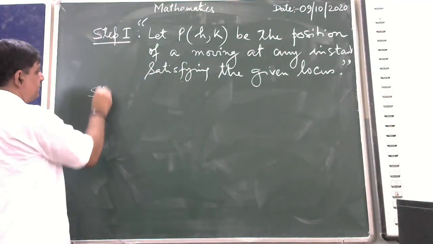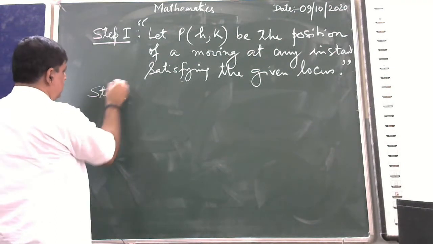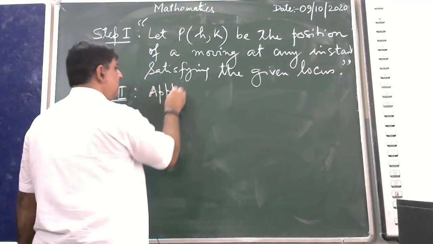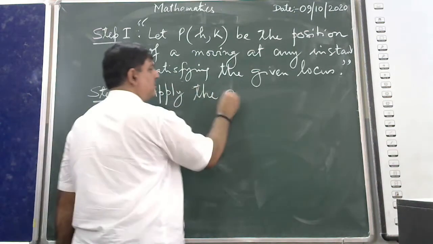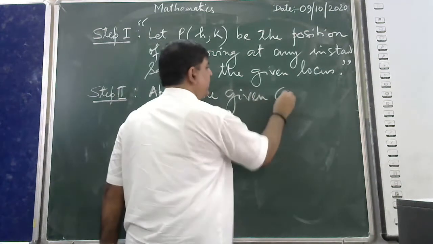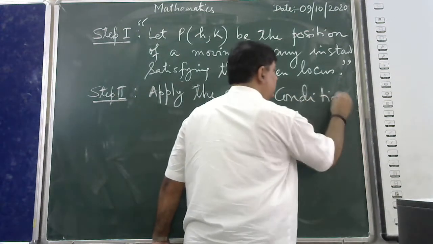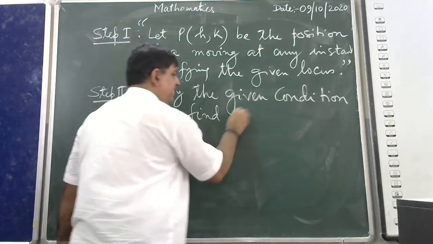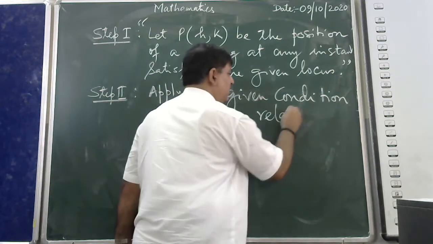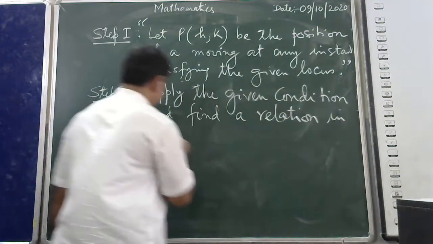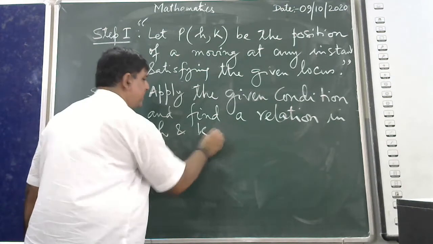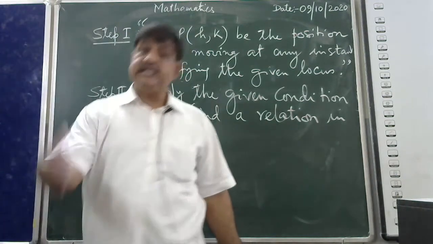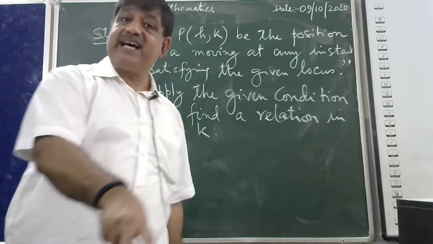Step 2. Apply the given condition and find a relation in h and k. Remember, I have already told you that locus is formed under some restrictions. A few conditions are given to you.